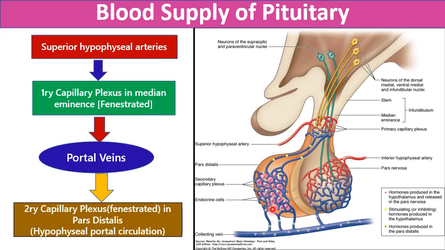Portal veins branch again, forming the secondary capillary plexus, which supplies the pars distalis. And the inferior hypophyseal artery supplies the pars nervosa. This is called the hypophyseal portal circulation.